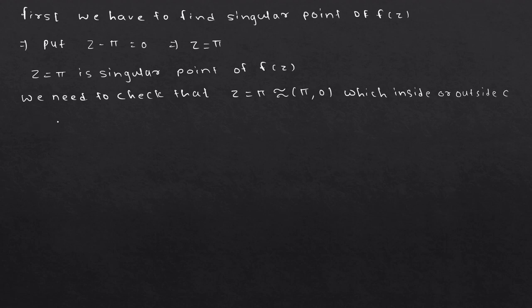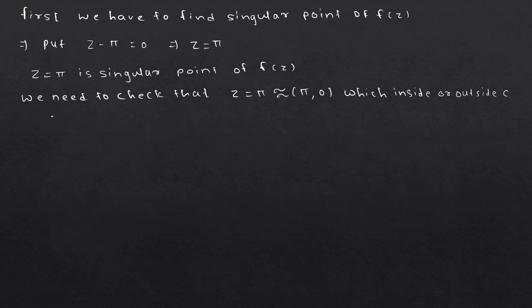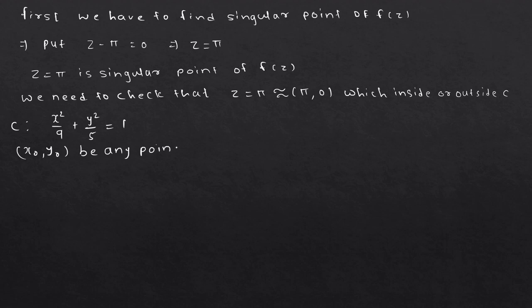Okay. Now how to check that? First of all, what is the given equation? x square by 9 plus y square by 5 is equal to 1. This is our C, right? Let x0, y0 be any point. Okay.